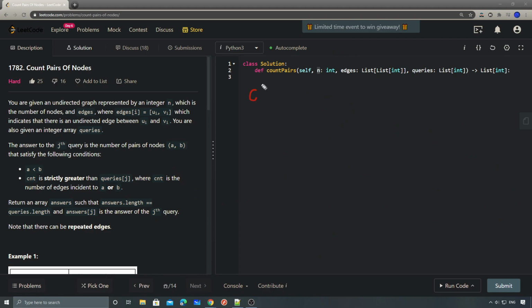If we only take a look at degree u plus degree v, so if we don't consider that edge count between u and v at the moment, if we only want to check if this is greater than the value in the current query, can we quickly calculate the total pair counts that we need for the current query?